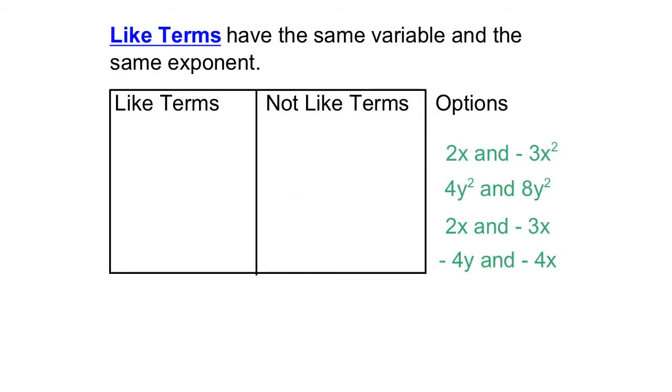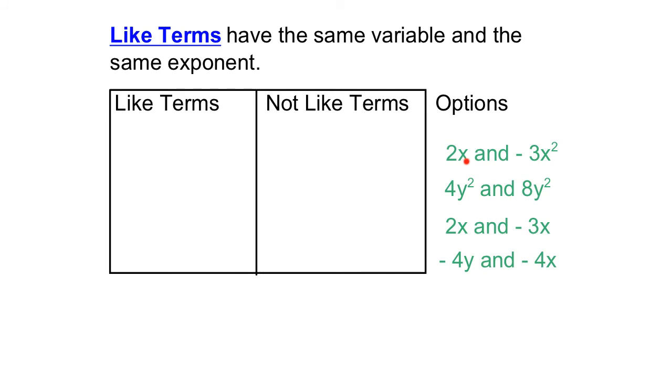Another phrase that I will use a lot is like terms. So like terms are terms that have the same variable and the same exponent on that variable. So here I have some options, and I'd like you to look at each of them and see if each option has like terms or not like terms. So if we look at 2x and negative 3x squared, are these like terms?